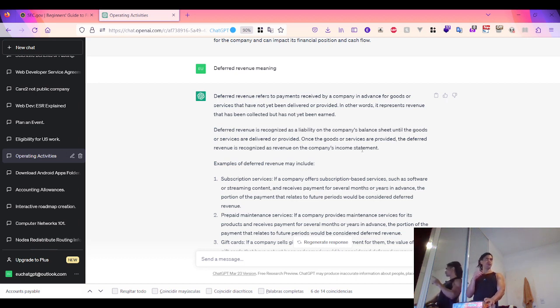So this deferred revenue is considered at the beginning a liability for the company, even though it collected the money, because the good or service has not yet been delivered.